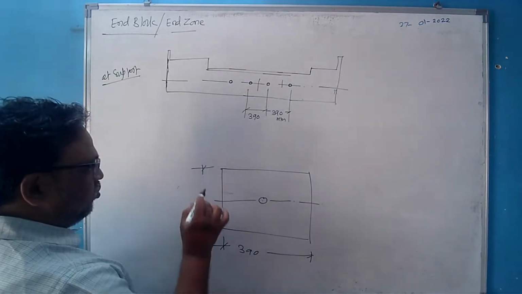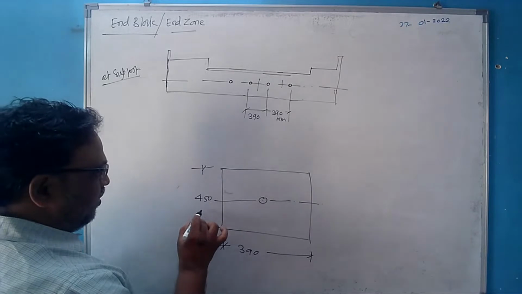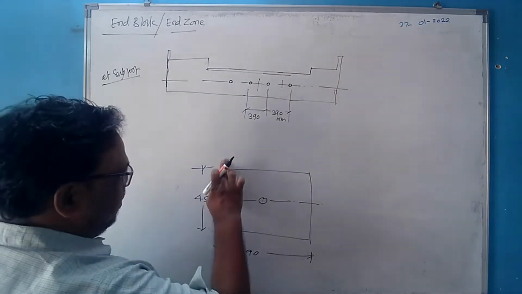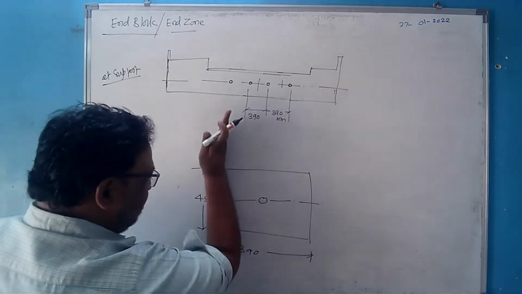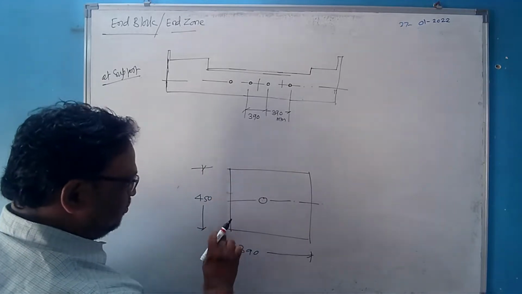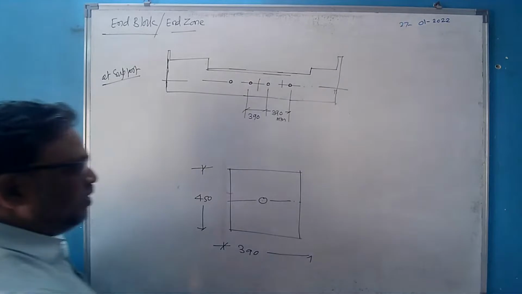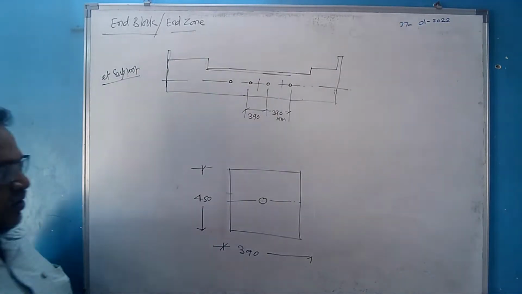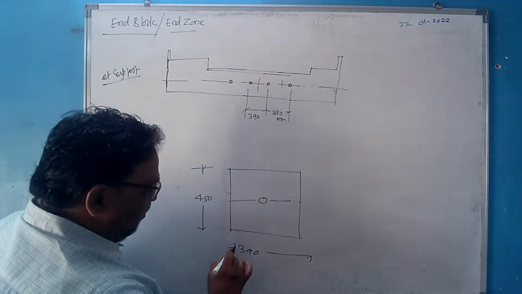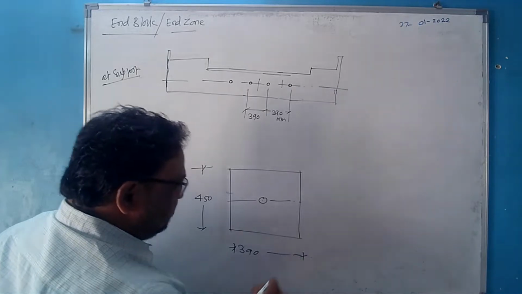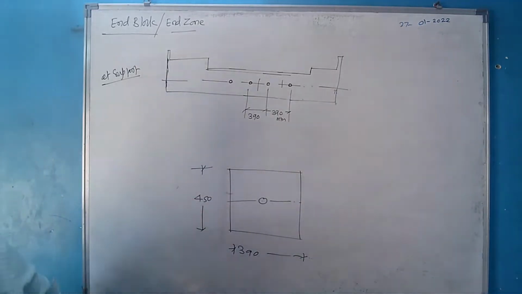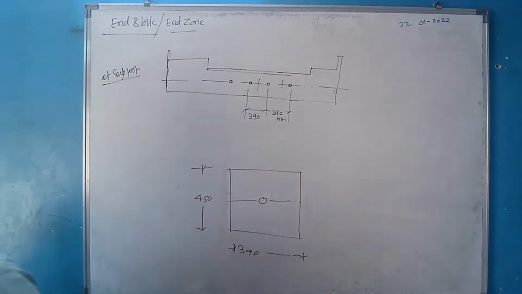This depth is equal to 450 mm. अच्छा फिर ये 390 थोड़ा हमने कम लेना चाहिए. ओके, ठीक है. This is 390 and this is 450. Here is the cable at the neutral axis. Is that all right?